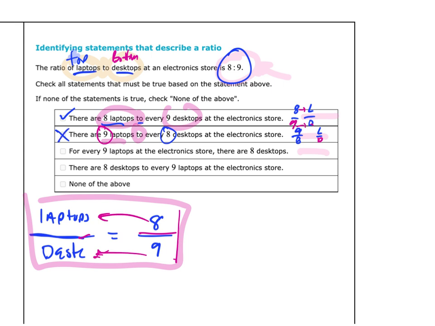Okay, so remember that to keep things safe, we're always going to be writing laptops over desktops. Might as well just write that on all of them. Are you getting laptops over desktops, right? So just go ahead and say, well, how many laptops? There's 9 laptops.